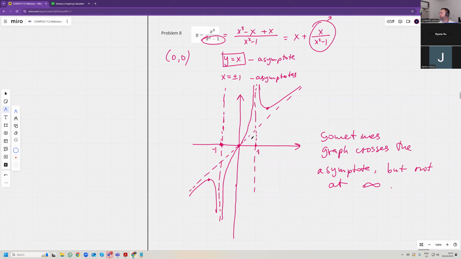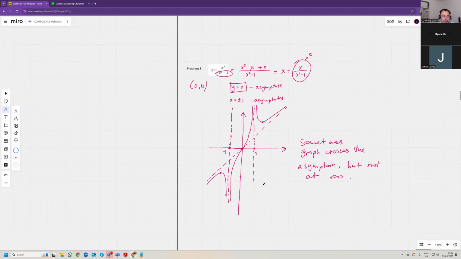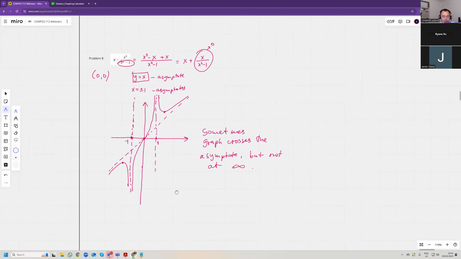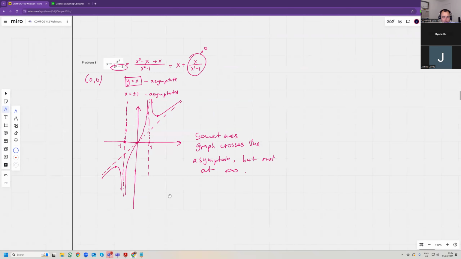At 0, it can cross it easily, right? You can have very many points of intersection, like y equals sine 1 over x. It has an asymptote, so y equals 0 is an asymptote. And yet the graph goes like this. So it crosses it infinitely many times.